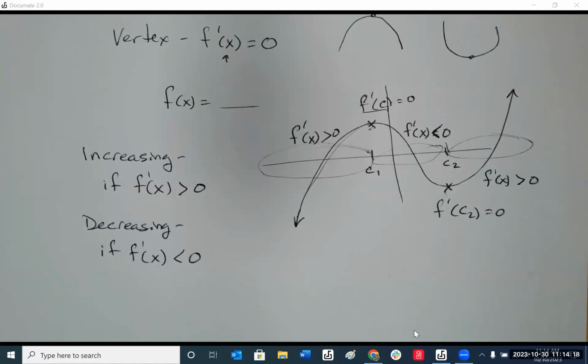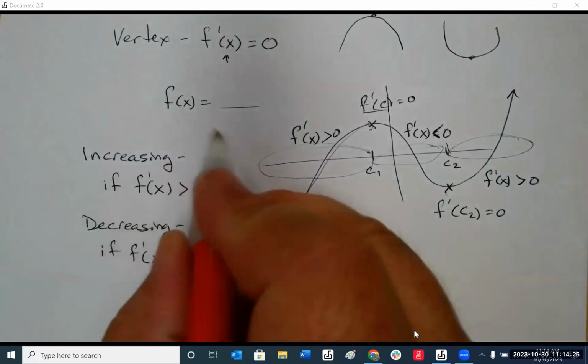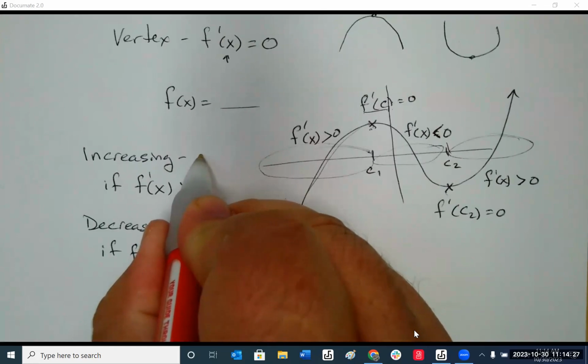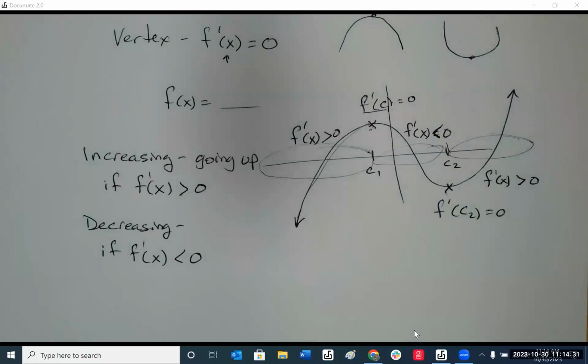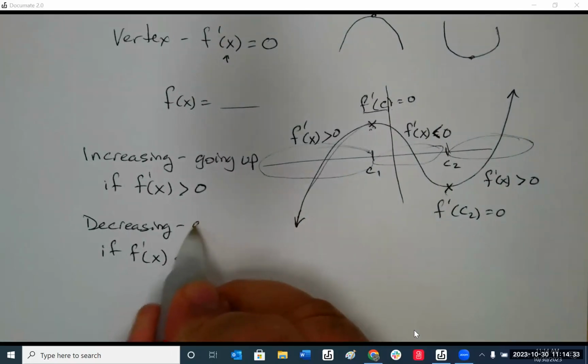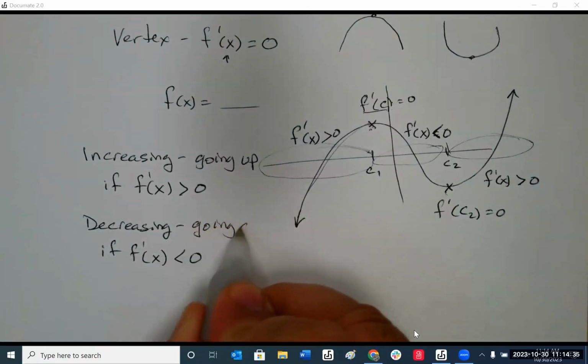Let's put this into terms of camping or hiking. Increasing means going up the hill. Decreasing means you're going down a hill.